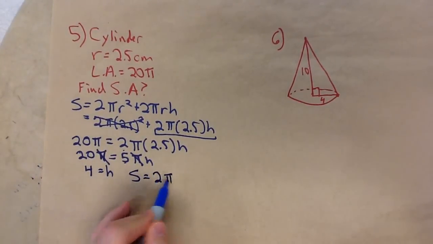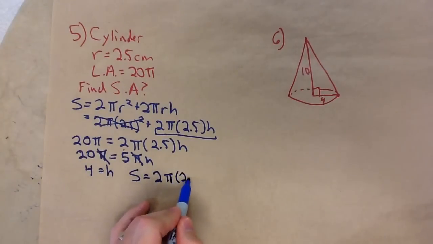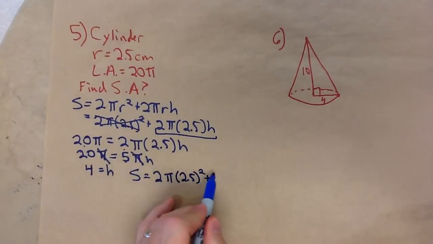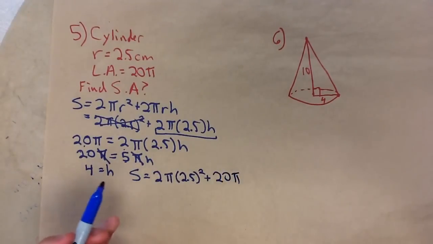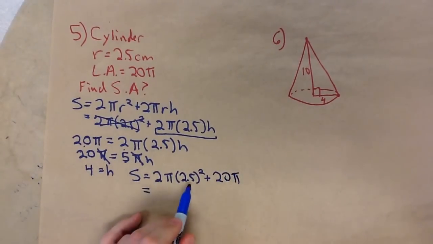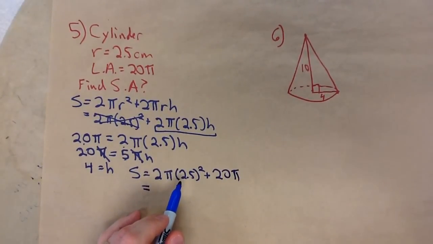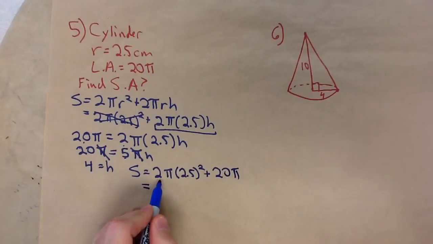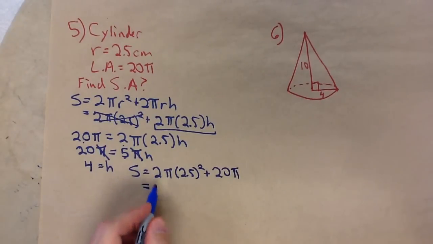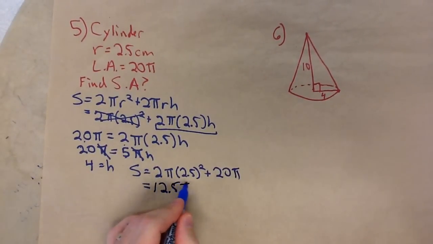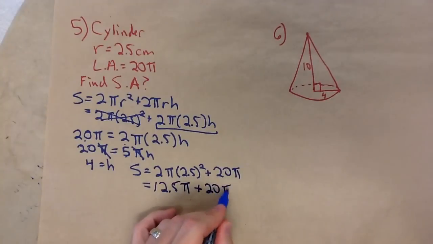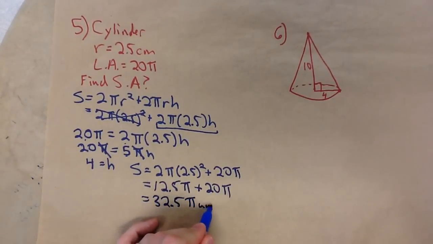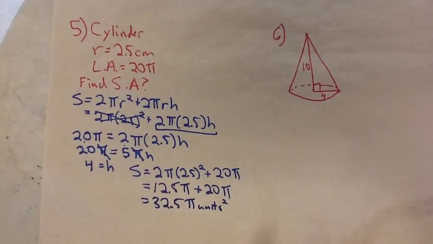So that's 2 pi times 2.5 squared plus, we said the lateral area was 20 pi. We don't need to solve it again. So now that's going to be whatever 2.5 squared is. We get 6.25 times 2, which is 12.5 pi. We get 32.5 pi units squared.